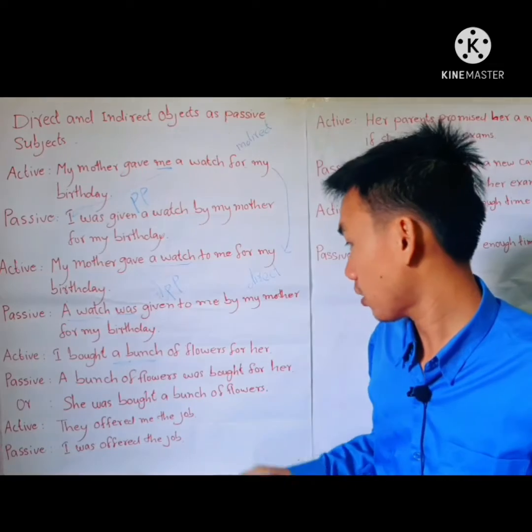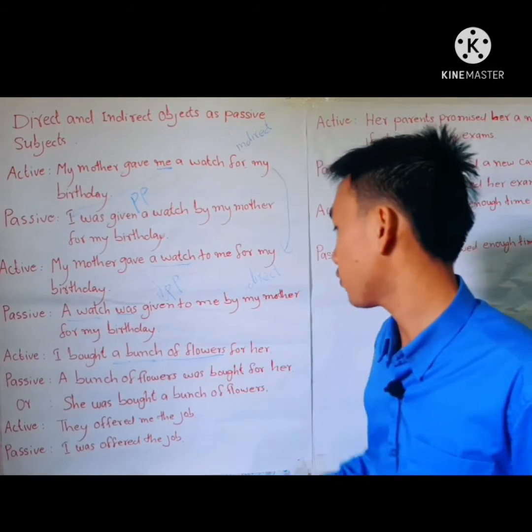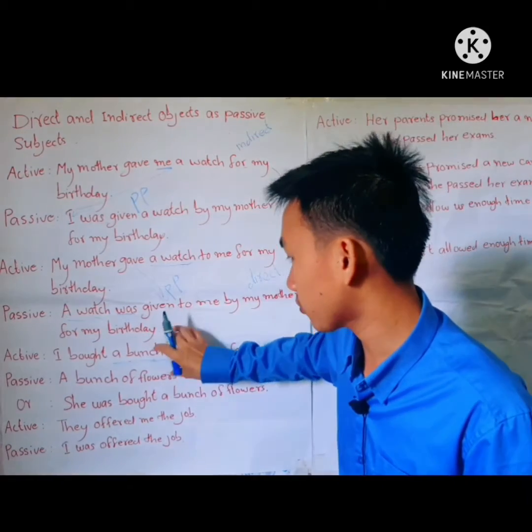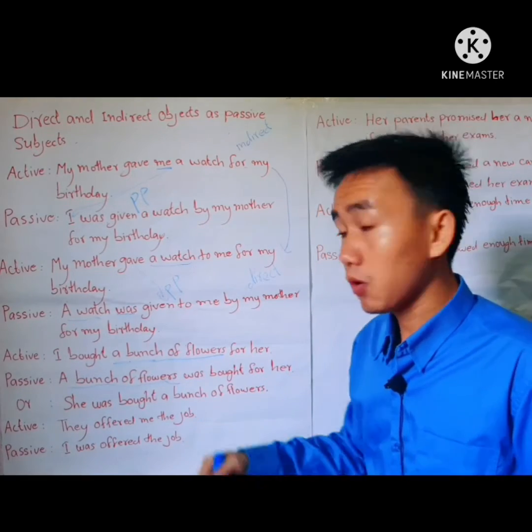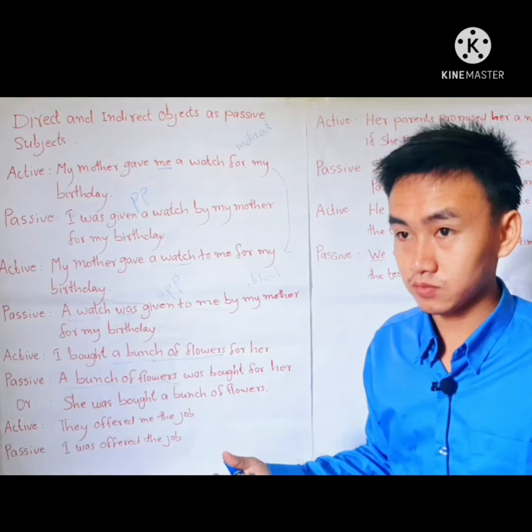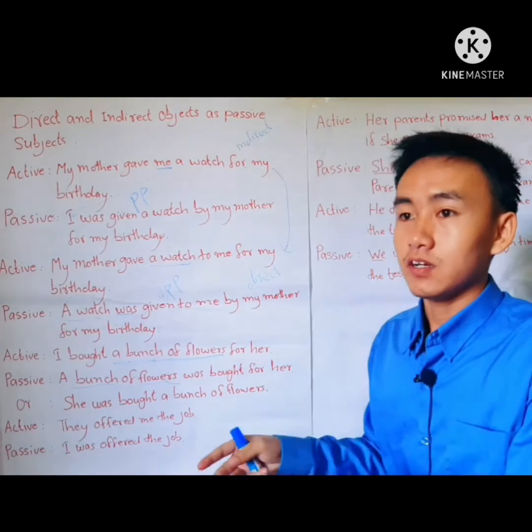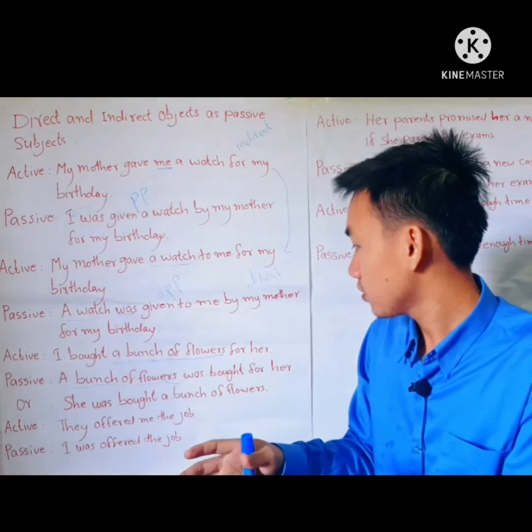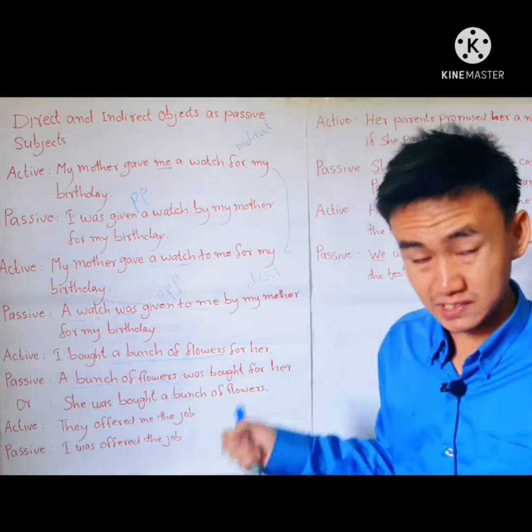A bunch of flowers here. A bunch of flowers is the object. When we change to the passive, we need to keep the object here to be the subject. And a bunch of flowers, even though flowers has an s, it only belongs to a bunch, so we use the singular verb was, right?